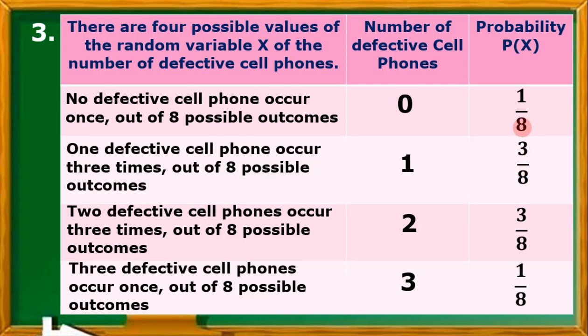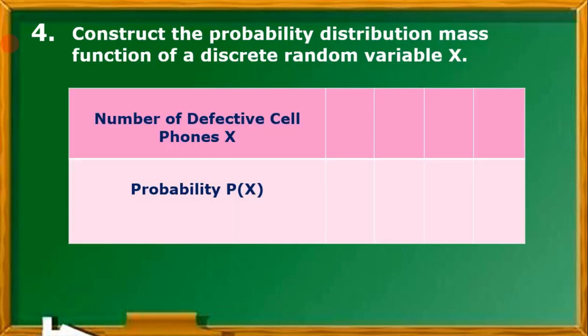So 3/8 is between 0 and 1, and so on. So property number 1 is satisfied. Now let's move on to number 4, and we'll check later property number 2, which is that the sum of all the probabilities equals 1.